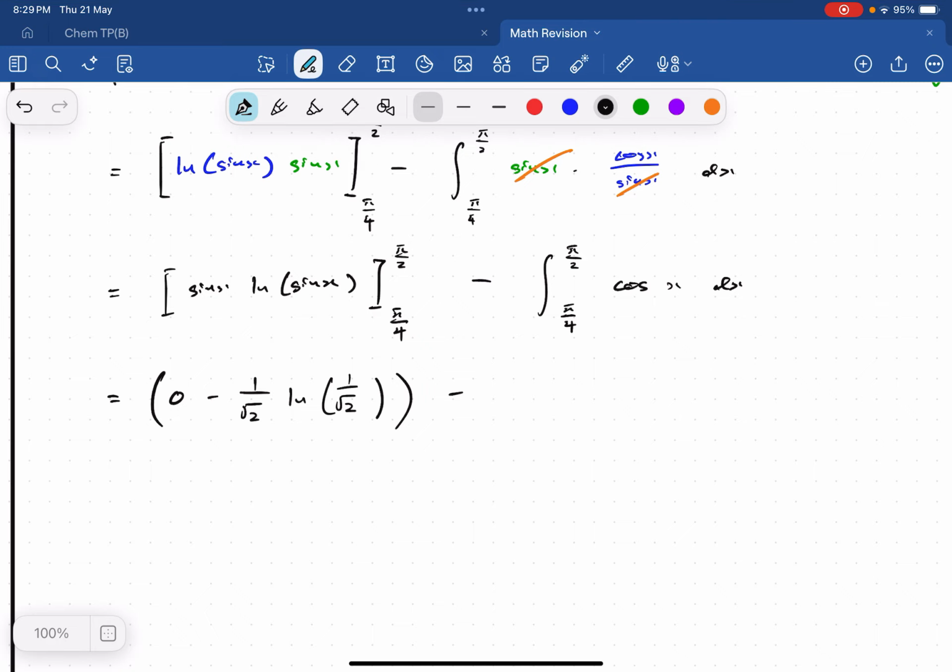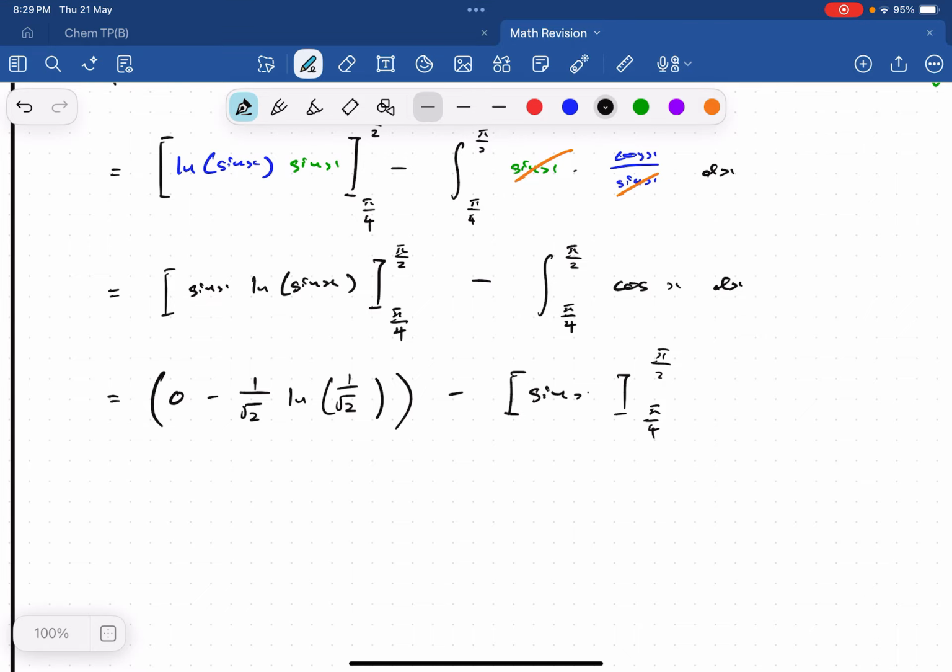And basically, this is just going to be integrate cos x, you get sine x. And then just sub in lah, sine pi over 2, cos pi over 4. Sine pi over 2 happens to be 1. Oh shit, my calculator is in degrees. That's why. Okay, I'm so sorry. Please don't make the same mistake I just made, okay? I set my calculator to degrees instead of radians.